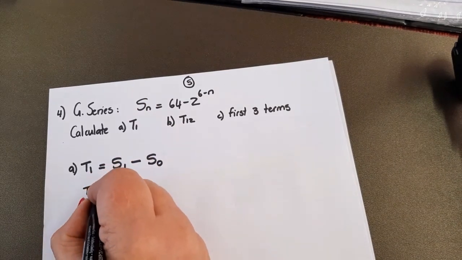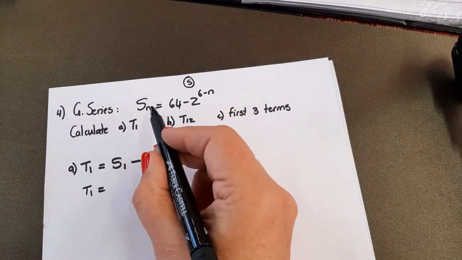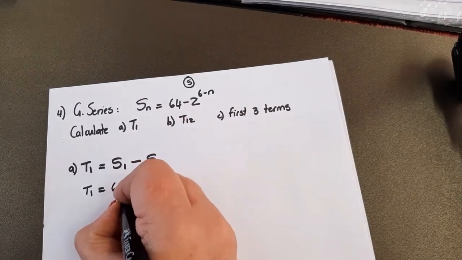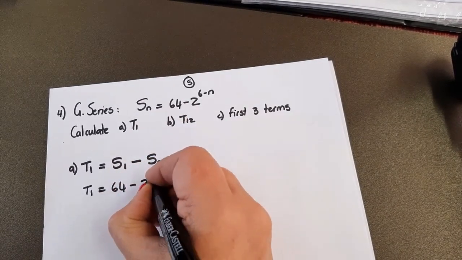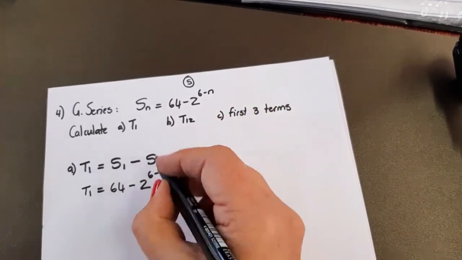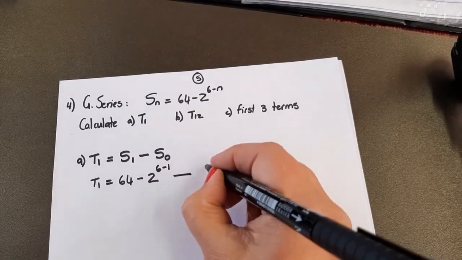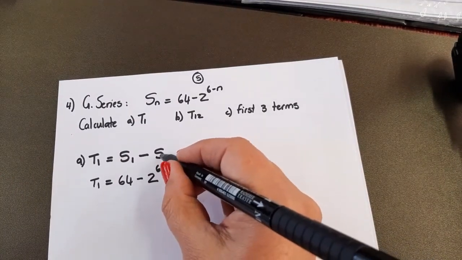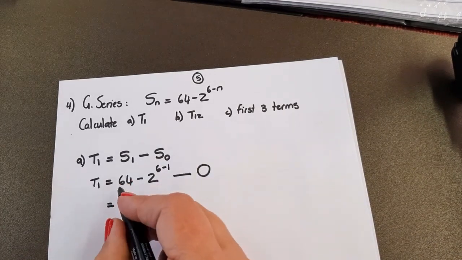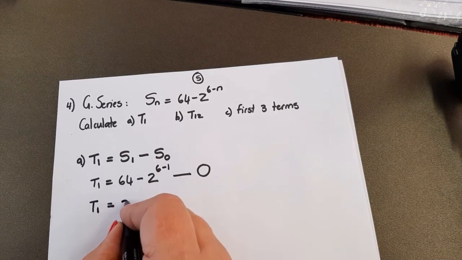So term 1 will be the S of 1. So let's substitute 1 into that one. So it will be 64 minus 2 to the power of 6 minus n, where n is 1, minus nothing. So the sum of no terms will be nothing. And if you work this out, term 1 will be 32.